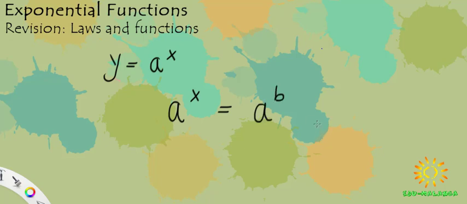To solve this exponential equation in this case, it's always very important to make sure that the bases are the same. And this is what we have here. We have a on this side of the equation and we have a on this side of the equation as well. So what would that mean? Because the bases are the same, that would then mean that x is equal to b. And this is how we solve exponential equations.